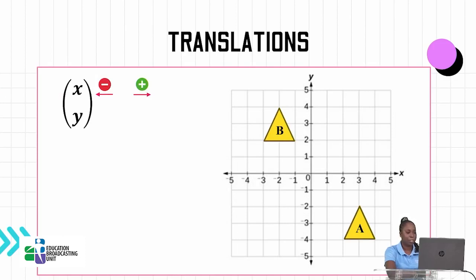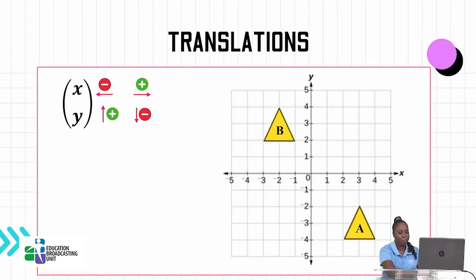And similarly, for the y-axis, this tells us how many places up or down the object should move. We move up when the value is positive, and we move down when the value is negative.